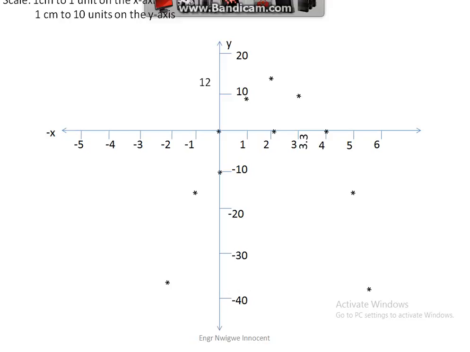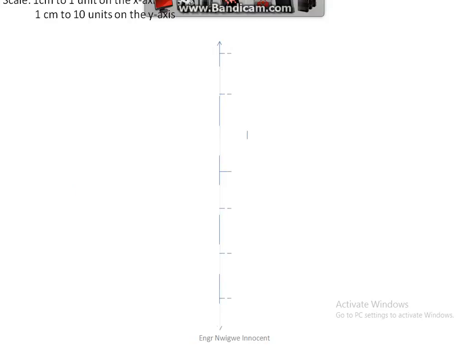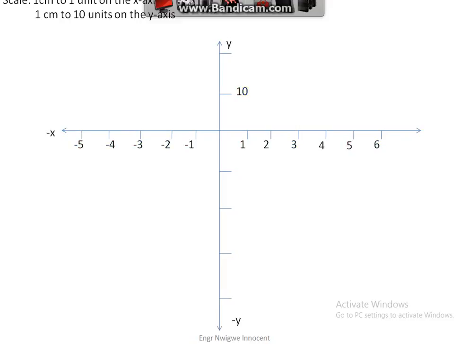Then from the tabulation of y equals 5x minus 2, we draw a straight line. Since it's a straight line graph, we plot the points. The first value for x is 2 on the table, and y is 0.